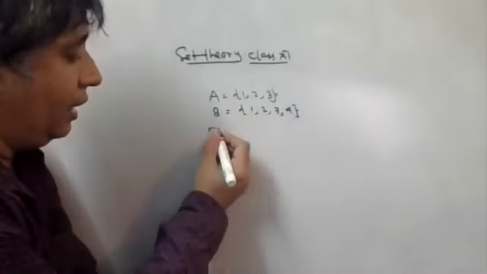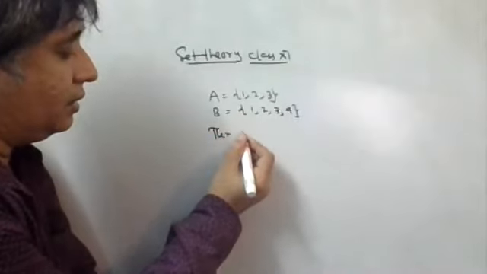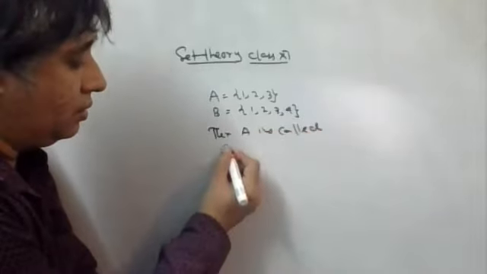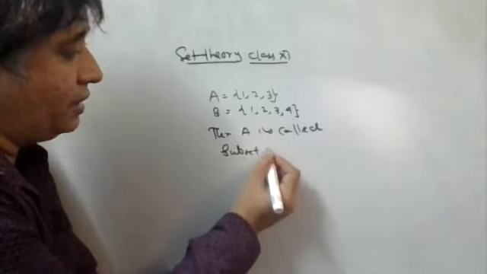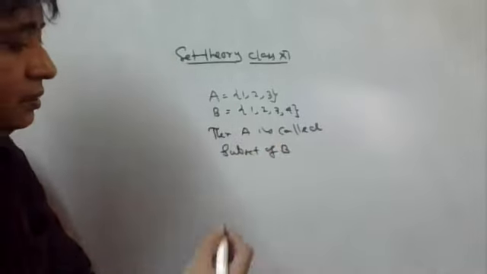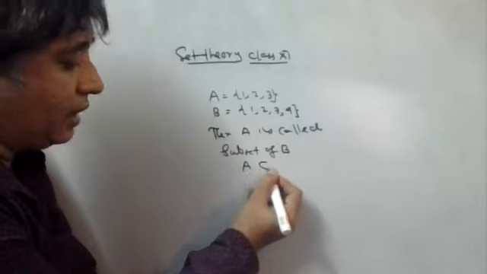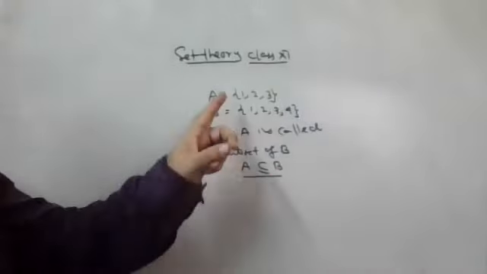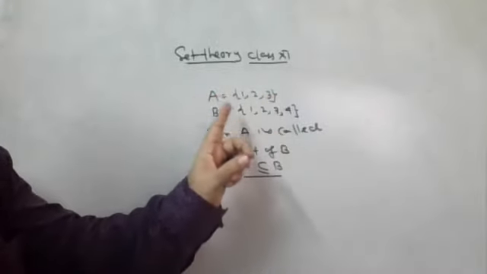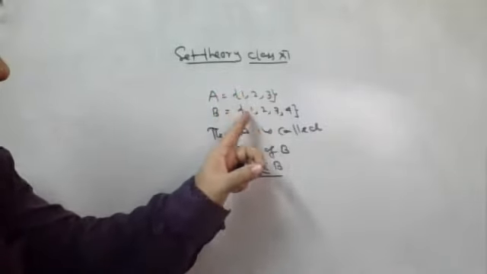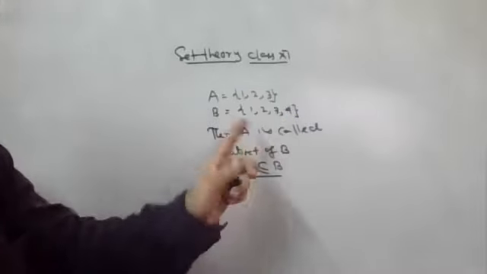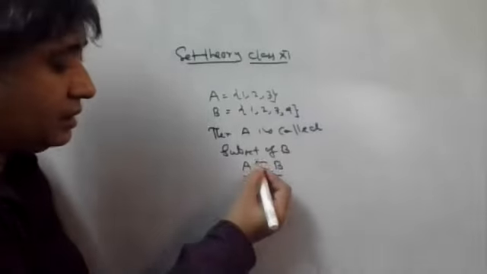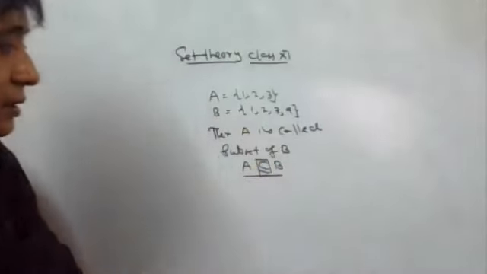Then set A is called a subset of B. This is the notation of subset.